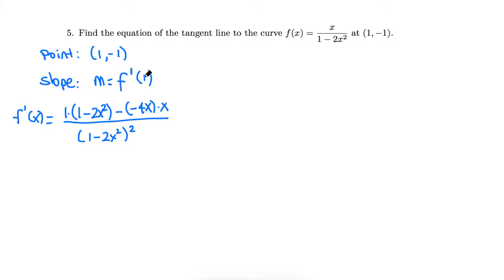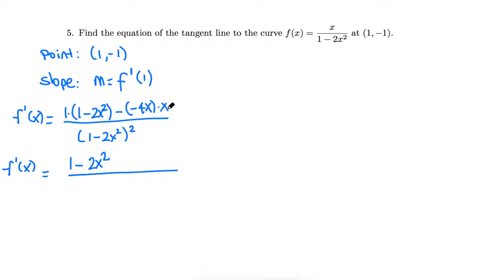We could go ahead and plug in x equals 1 at this step, but I will simplify a little bit before I work with this fraction. But once again, you don't have to simplify all the time. If you're plugging in a number, you can just go ahead and put the number in. So here I have 1 minus 2x squared.